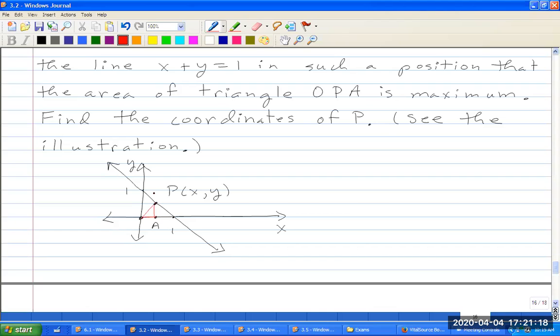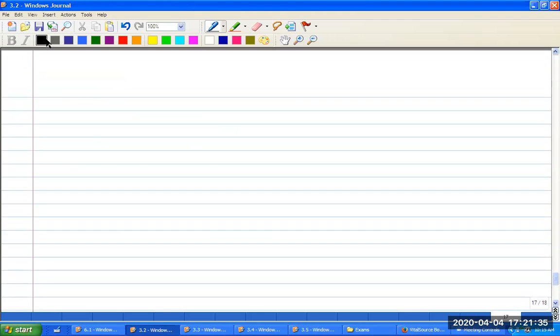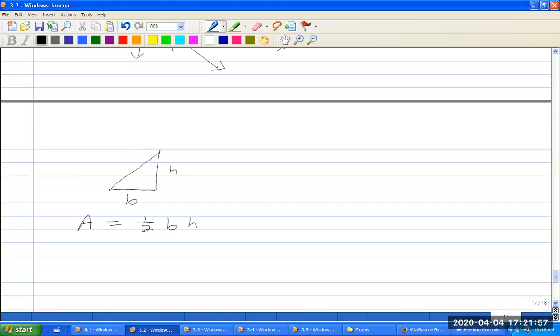So I want to maximize this area. The area of a triangle is 1/2 base times height, so all I want to do is figure out the base and height.